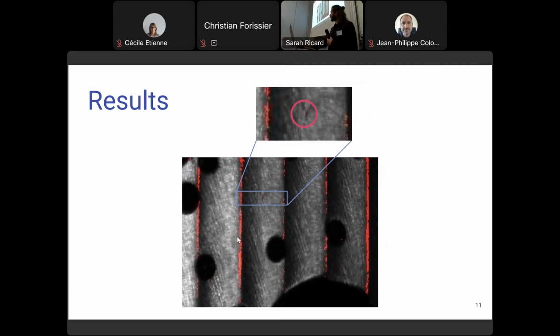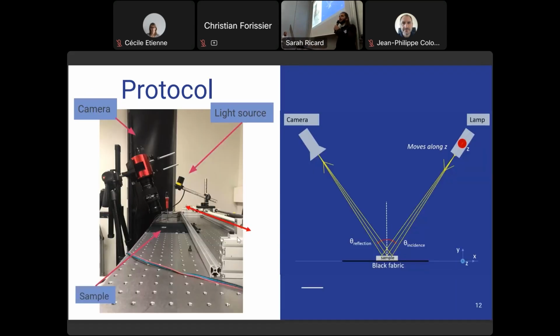So the experiment was simple, but the challenge is to position the sample correctly at the center of the rotation of the system to have correct results. And to overcome this problem of rotation, we tried another method using translation.